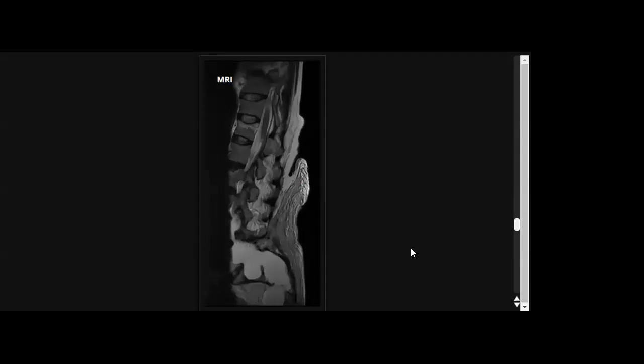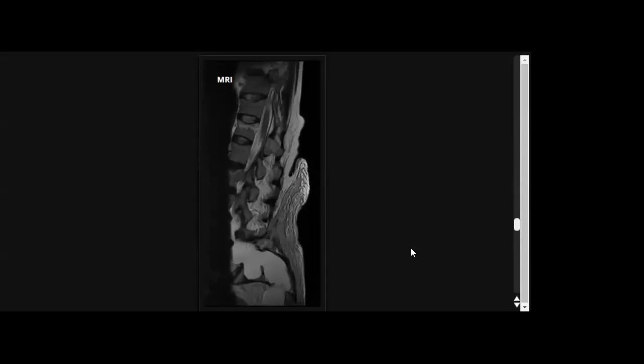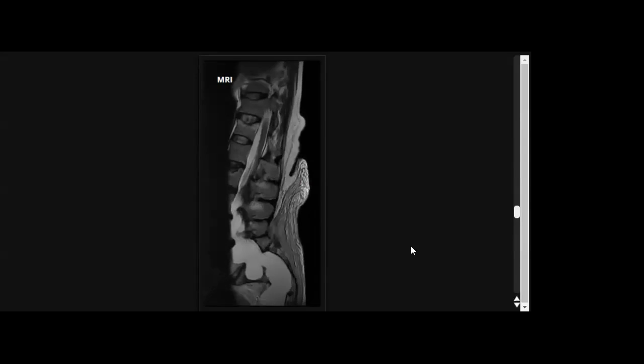I can also appreciate some heterogeneity within the bright signal, which is concerning for fat within this signal, which I would like to confirm on the T1 weighted images. If it is hyperintense, then this could represent lipoma.